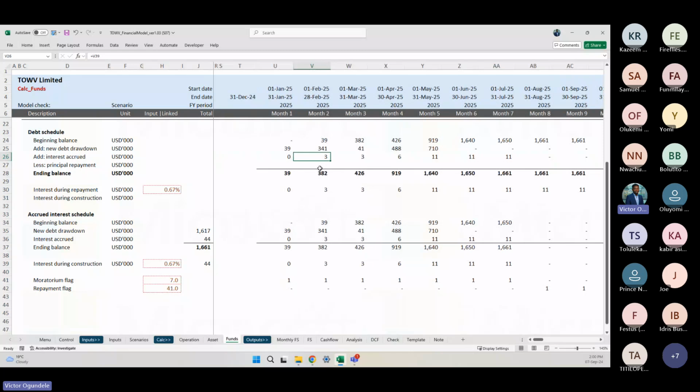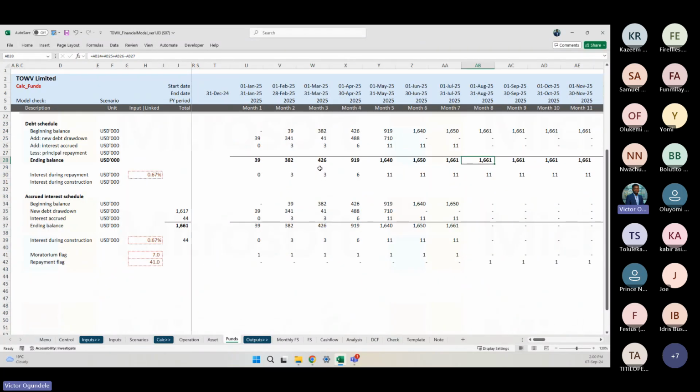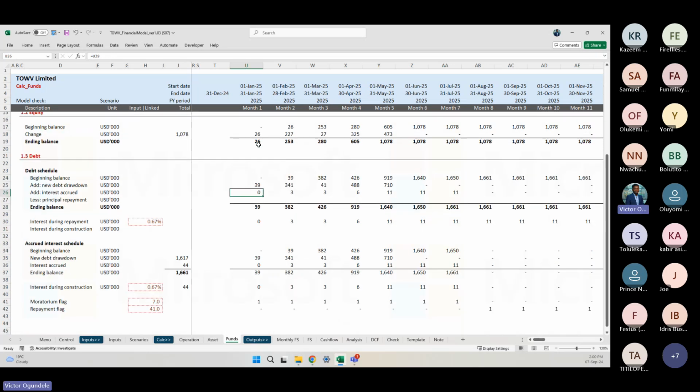And by the time you look at our balance in month 8, it should be the same thing as the total debt, which is the initial debt taken plus the accrued interest. Link your interest accrued to the main debt schedule.